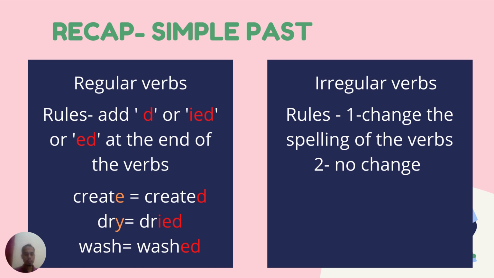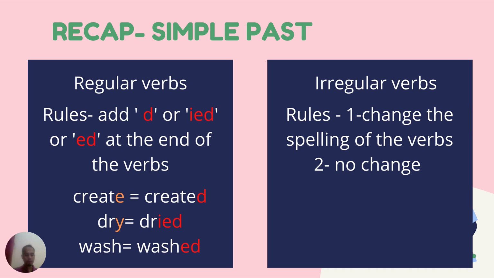And then this is another form of regular verbs where we add ed at the end. For example, the verb wash becomes washed in past tense, washed with ed at the back.